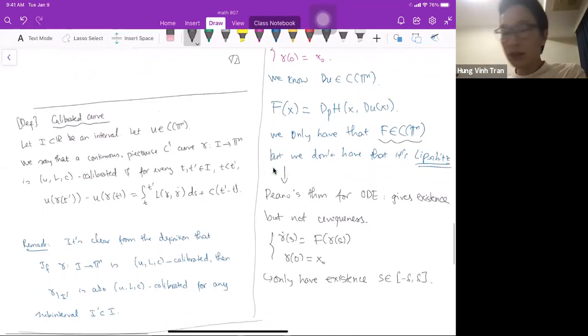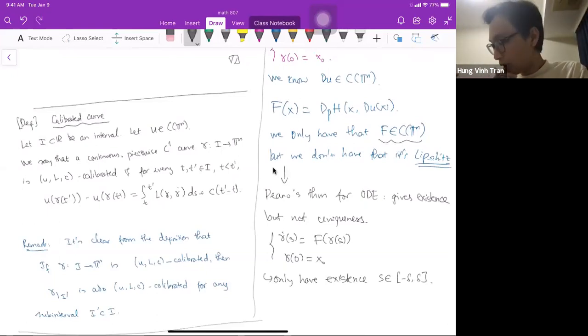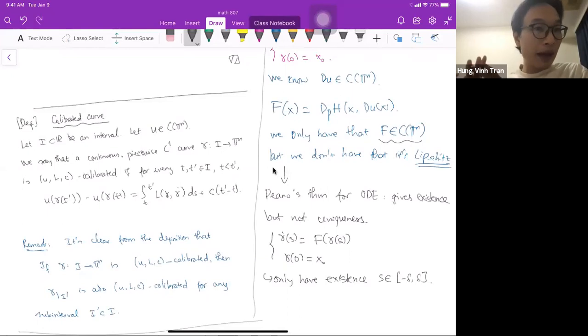But then the point is that if your vector field is only locally bounded, then this delta can depend on location, but in this case, luckily f is uniformly bounded.